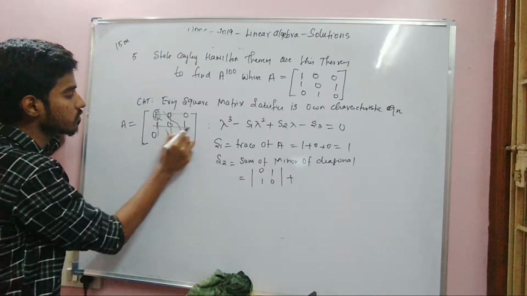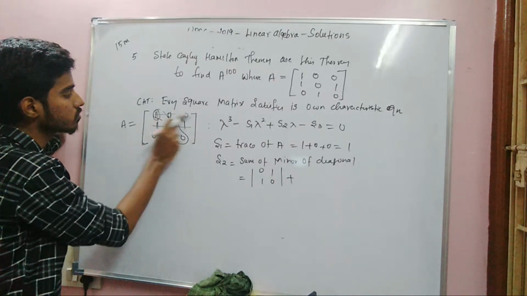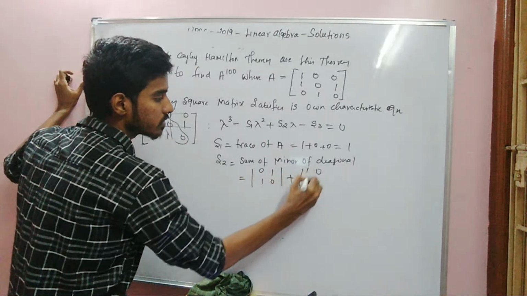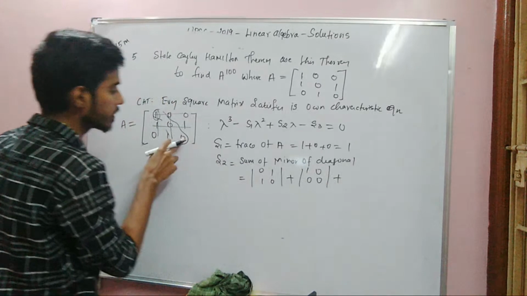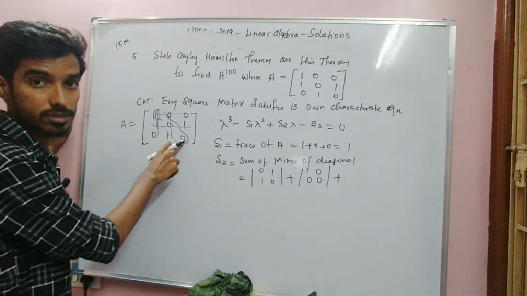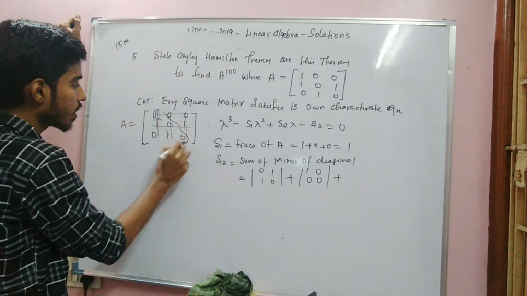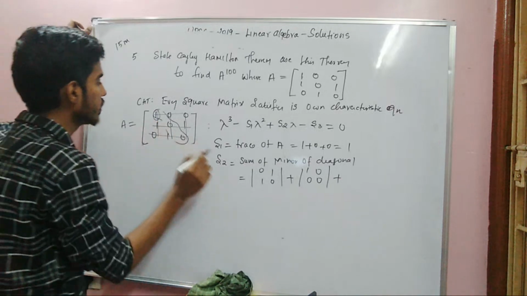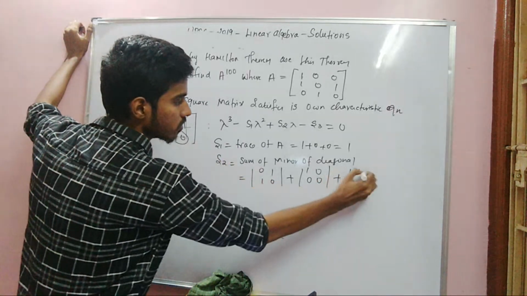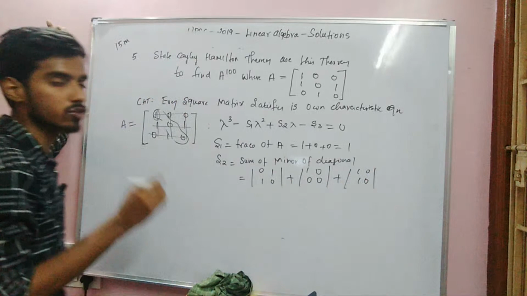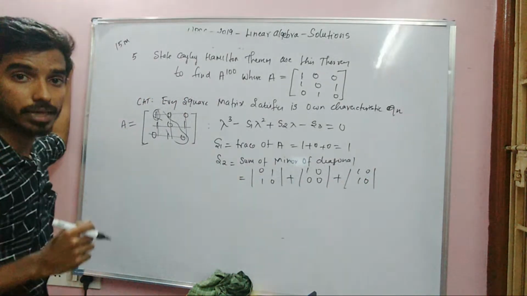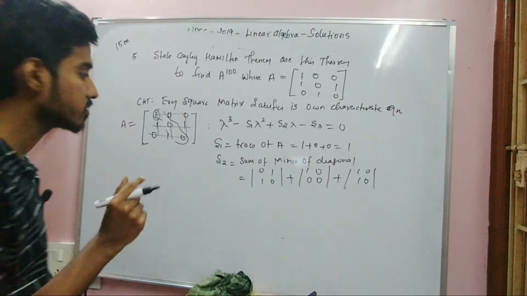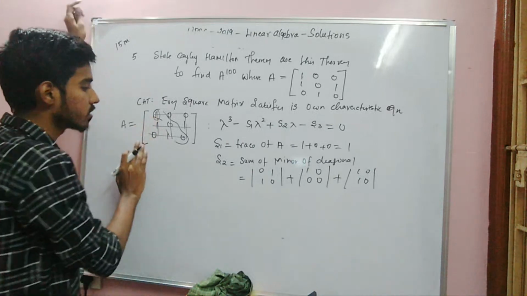This column and this row will be gone, so we get 1 0, 0 0. And the third diagonal is 0. What is the minor for this diagonal? This column and this row get cancelled, so we have 1 0, 1 0. The important thing is you should not multiply by the diagonal element here, right? The only thing you have to find is the minor for each diagonal element, right?